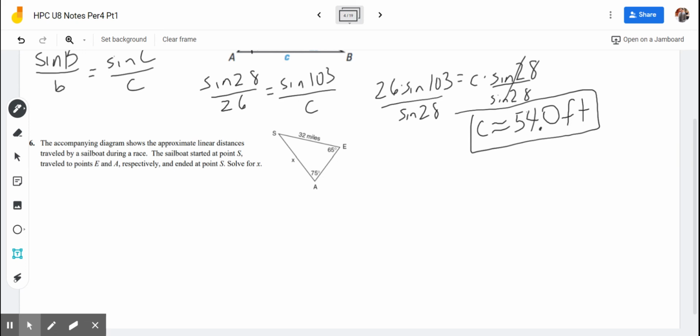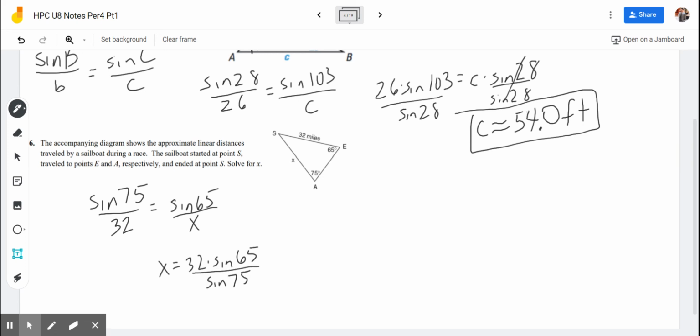So we'll have sine of 75 over 32 equals sine of 65 over X. Cross multiply and solve. We have X equals 32 times sine of 65 all over sine of 75.